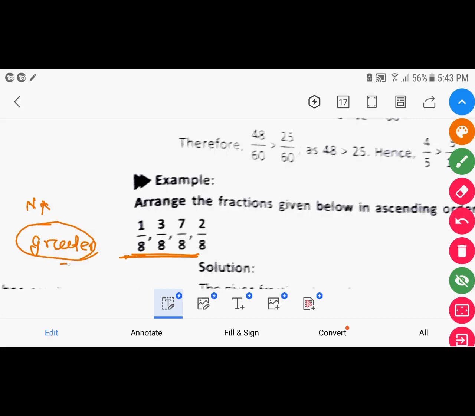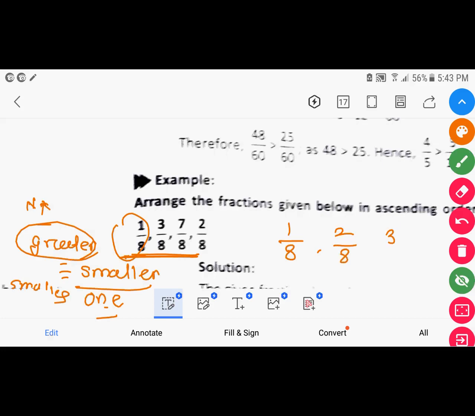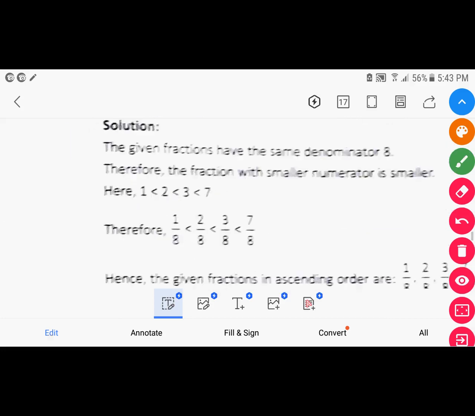For ascending order, we first choose the smallest fraction. Which is the smallest one here? Whose numerator is smallest among all? So 1 by 8 is the smallest among all, so it will come first. Then 2 by 8 will come, then 3 by 8, and then 7 by 8. So this is the ascending order of the fractions.